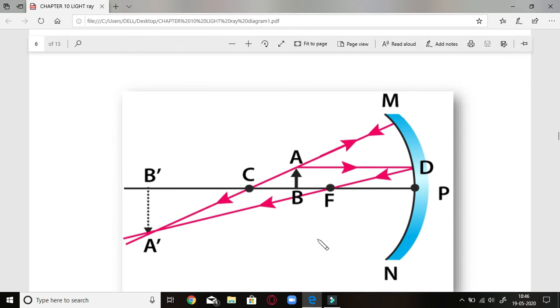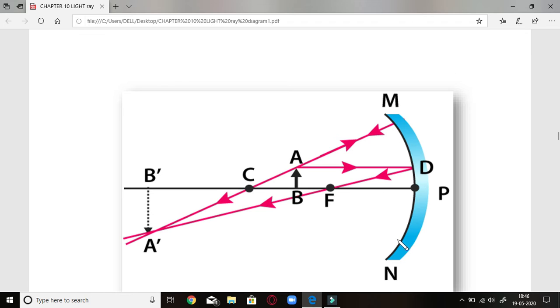Let us see what is happening here. This is a concave mirror and principal axis, of course P, F and C are the same, and this time we have kept our object between F and C. Object AB is placed. First option of course is a ray going parallel to the principal axis.